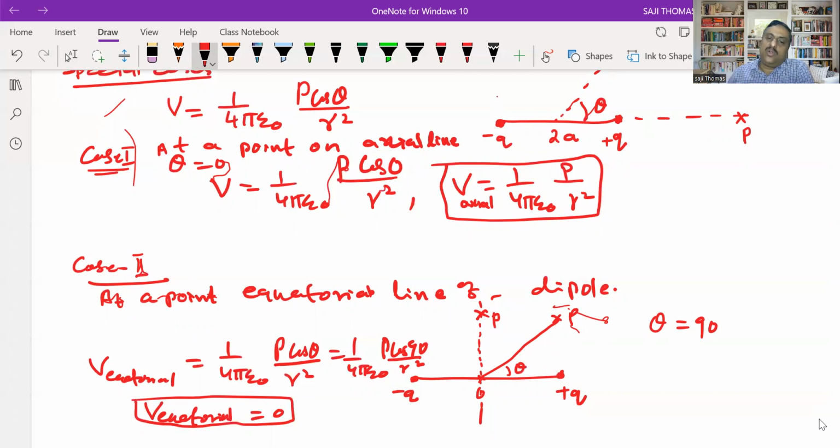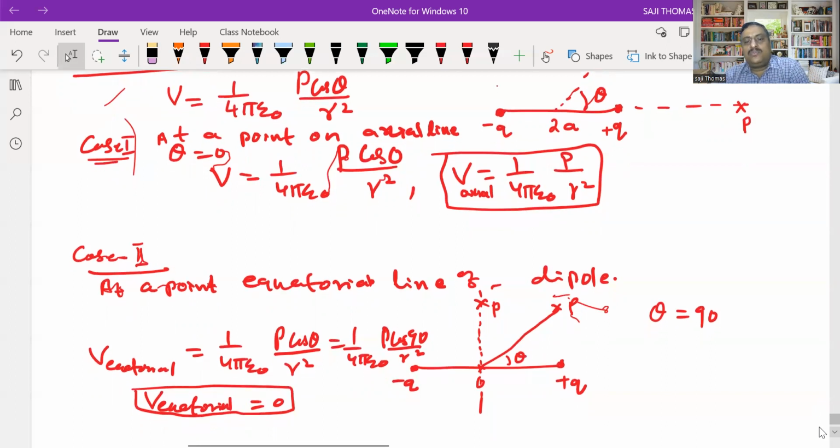So at all points on the equatorial line, the value of electric potential is 0. Here, one thing you have to remember: if you want to move a charge along the equatorial line, what should be the work done? No work is to be done because potential is 0, no potential difference at any point on the equatorial line.